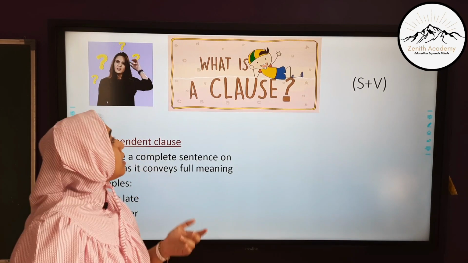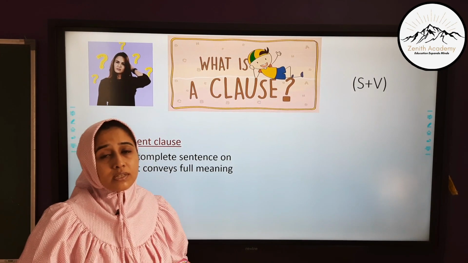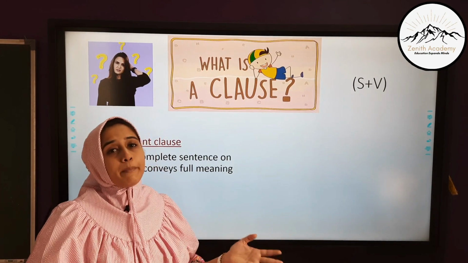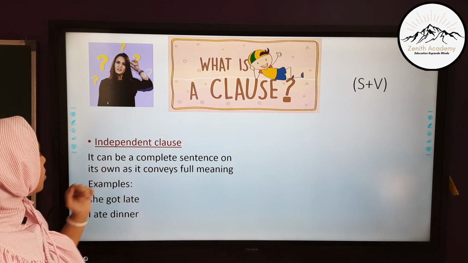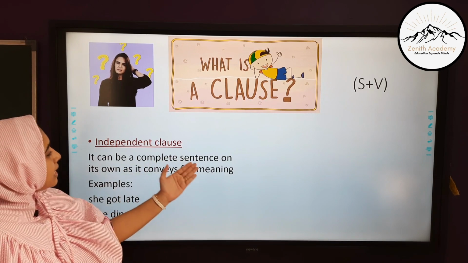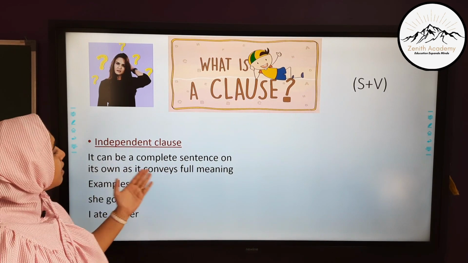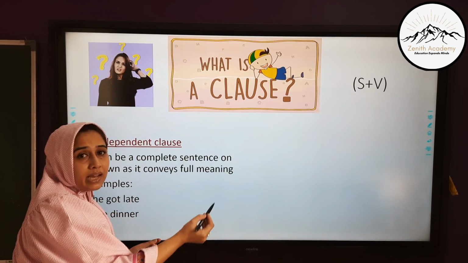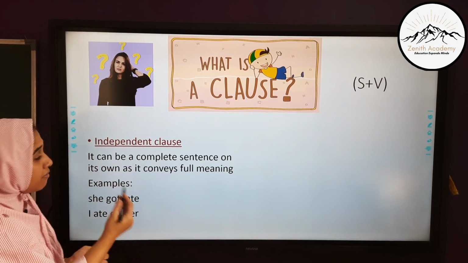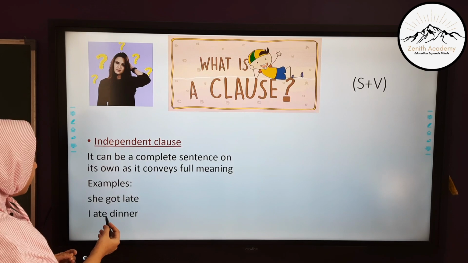Now moving ahead. There are 2 types of major clauses, independent clauses and dependent clauses. Let's see. Independent clauses. It can be a complete sentence on its own as it conveys full meaning. Now again something related to meaning has come over here. We will understand it better with examples.